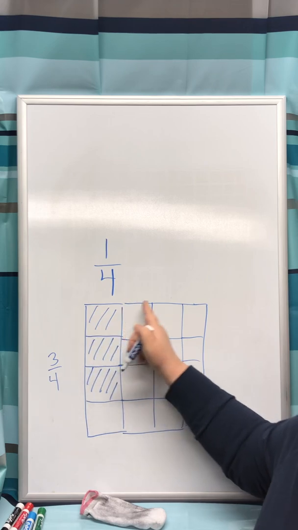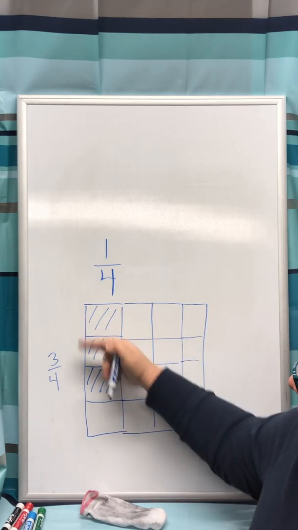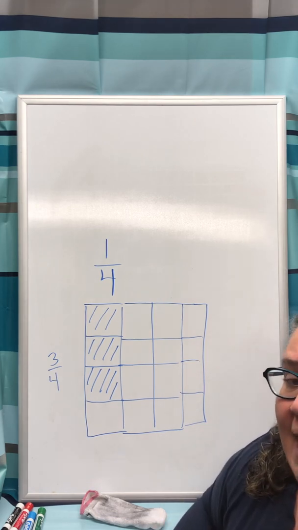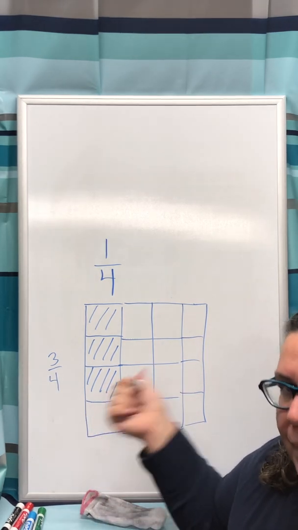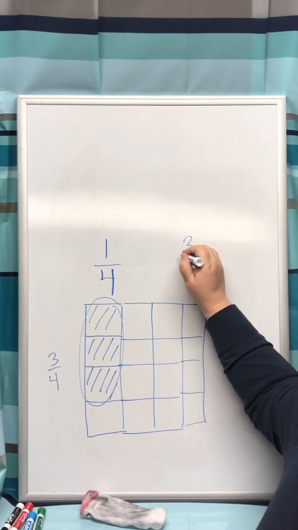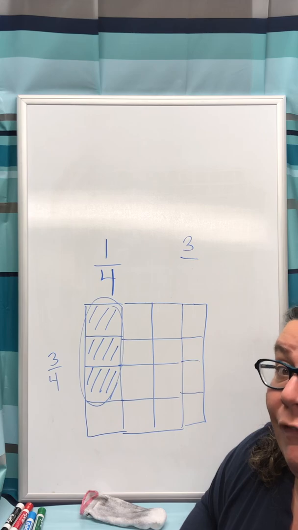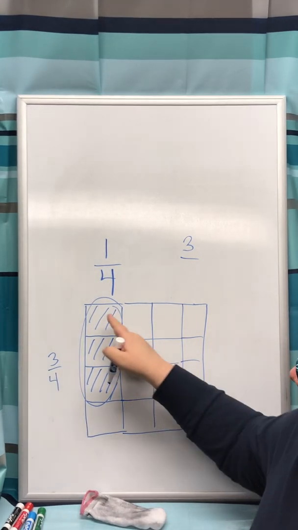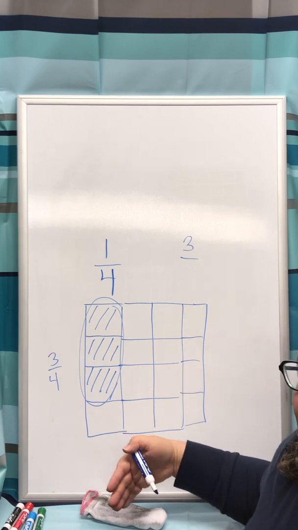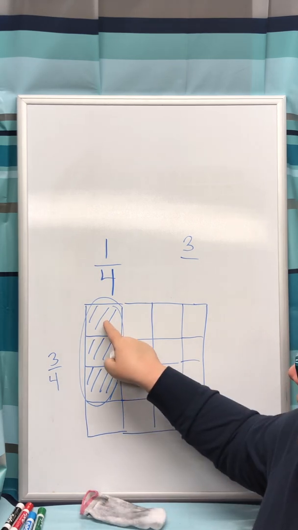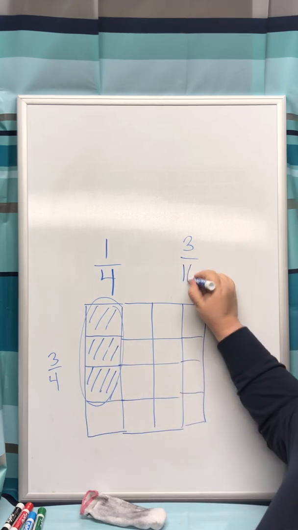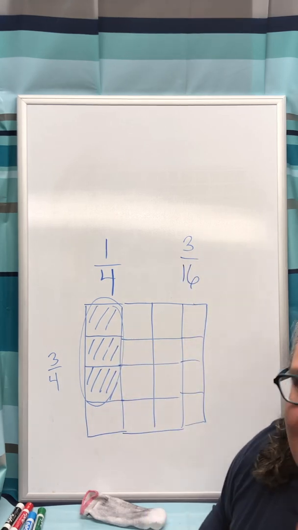You've shaded 1 of the 4 parts and you've shaded 3 of the 4 parts. So when I go to find my answer, if you're using the grid, your answer is going to be 3, but it's no longer 3/4, because if I'm looking at it in grid form like this, I don't have 4 boxes total anymore. Now I have 4 by 4. So my final answer would be 3/16.